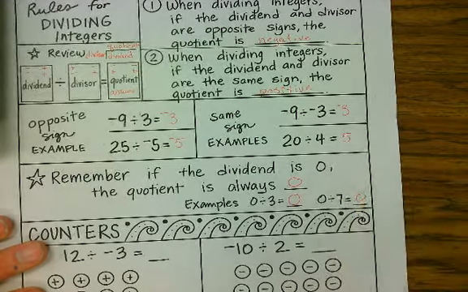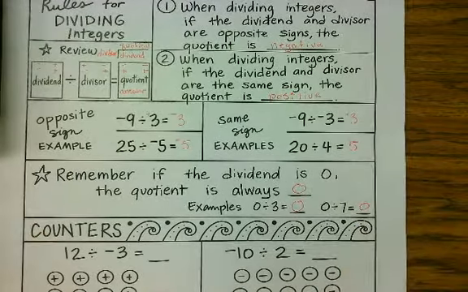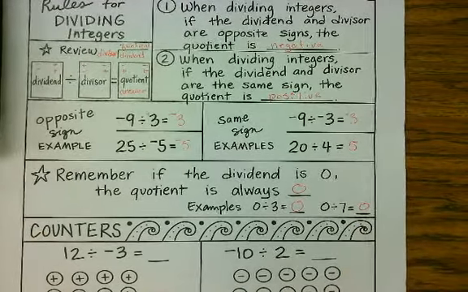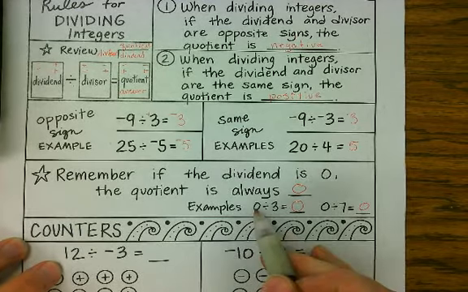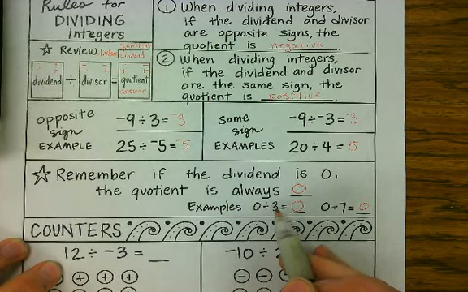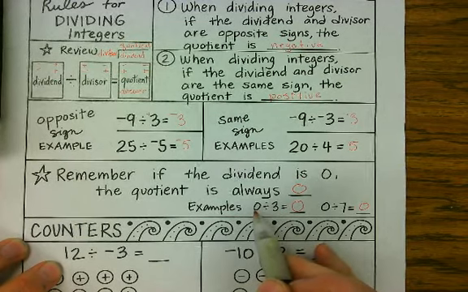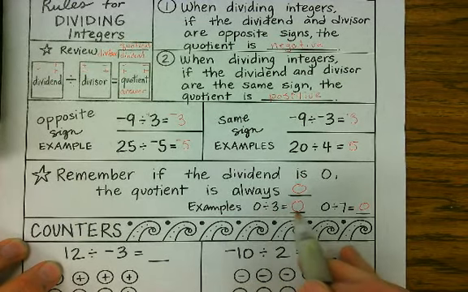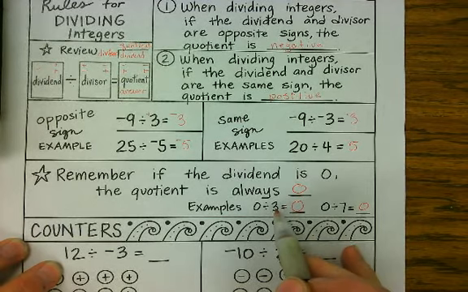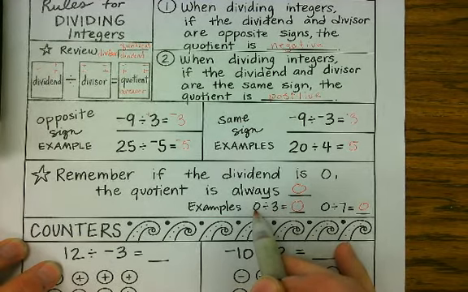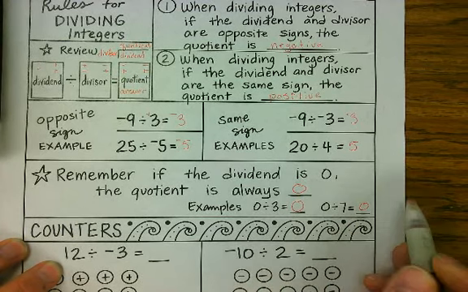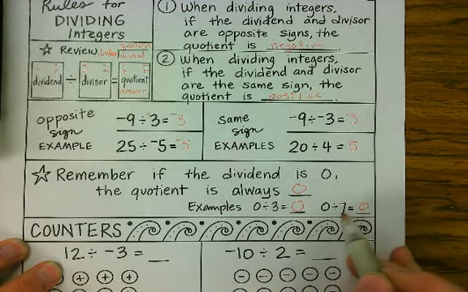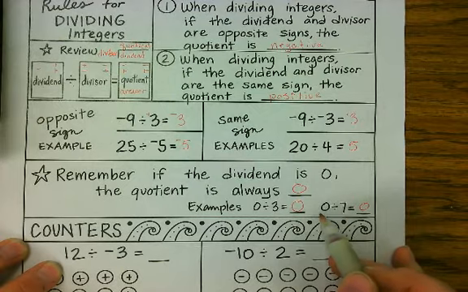We can't multiply, nor can we divide with a 0 without the answer being 0. Because remember, this is 0 groups of 3, which is still 0, because we read it backwards for dividing. And 0 groups of 7 is still 0.